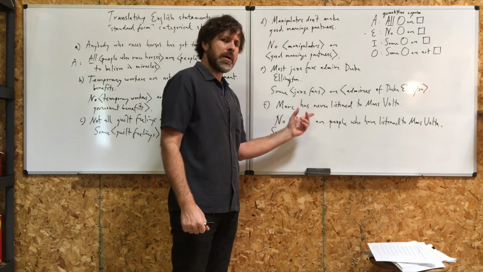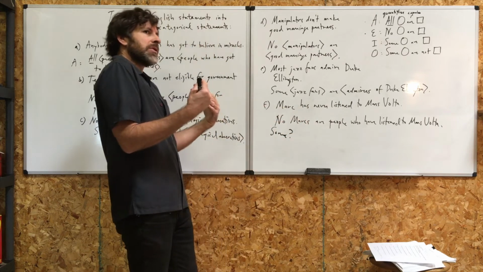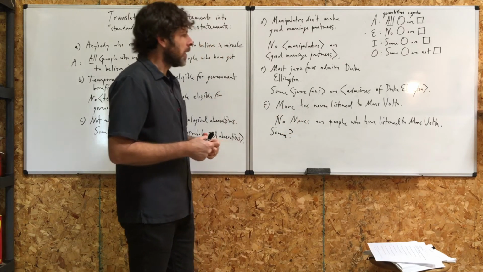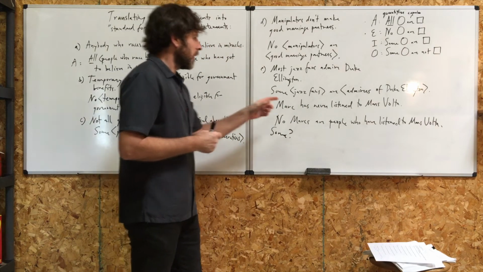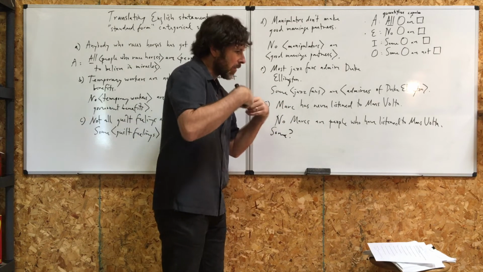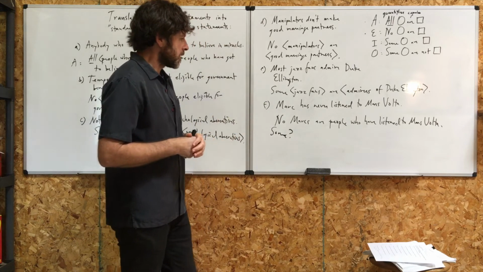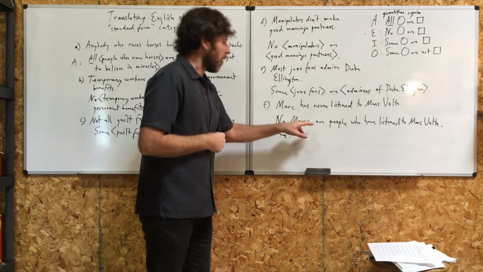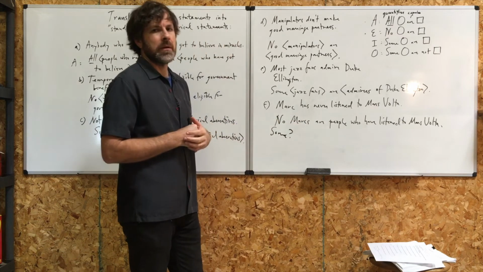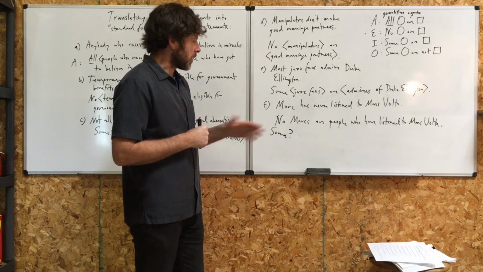That's not what I'm saying right here. It's not at least one person named Mark has never listened. No, it's saying this particular being, Mark, has never listened. So expressing it this way, no Marks or some Marks, does not work. Neither works.